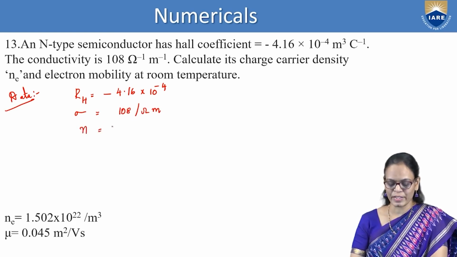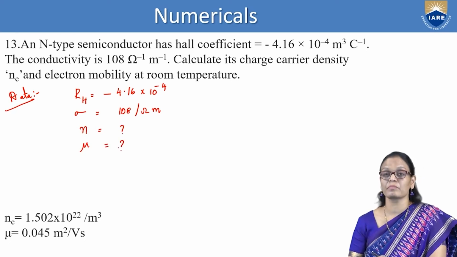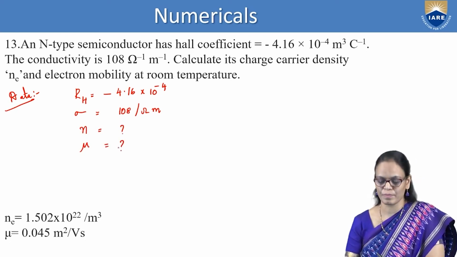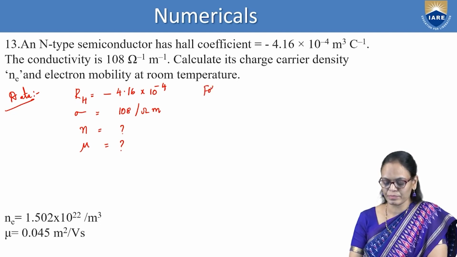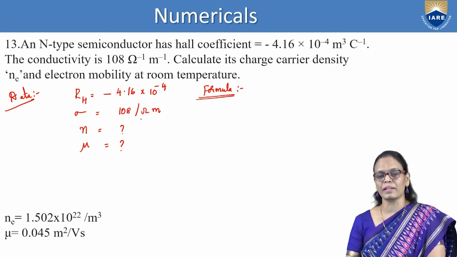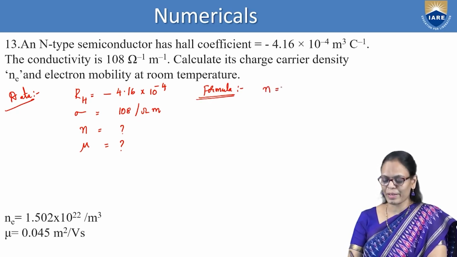What is the carrier density and what is the mobility? These two you have to find. So the formula, first to find n, n will be equal to 1 upon R H e.